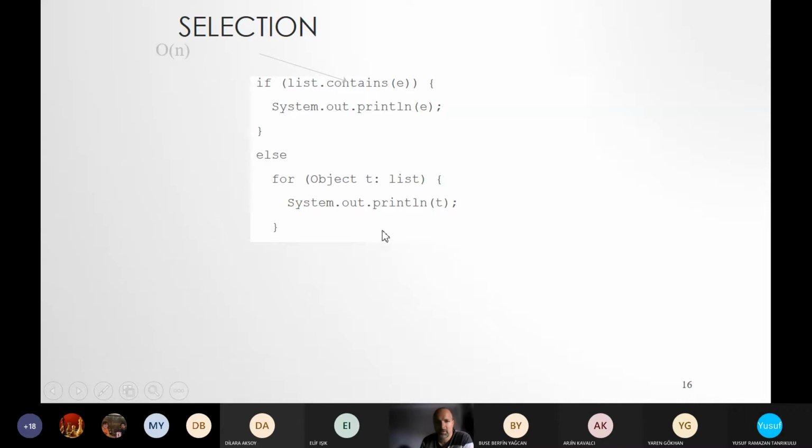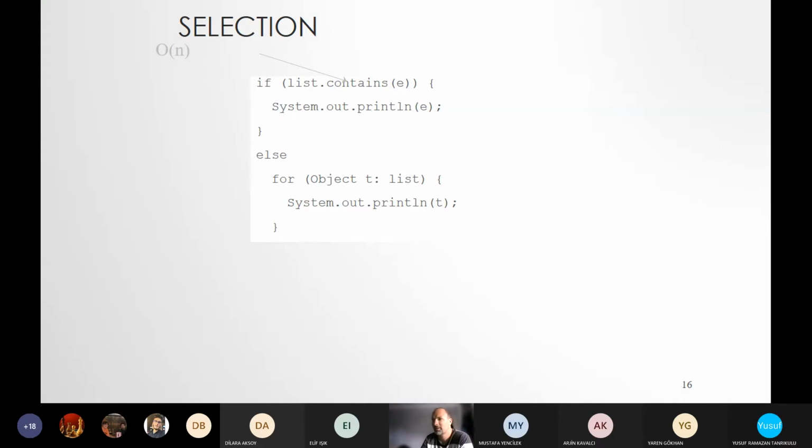This is not constant time. This does depend on the size of the list. And if the size of the list is n, which is very common, by the way, we refer to the number of items in a collection, in a list, in an array, in a set, whatever, as n.